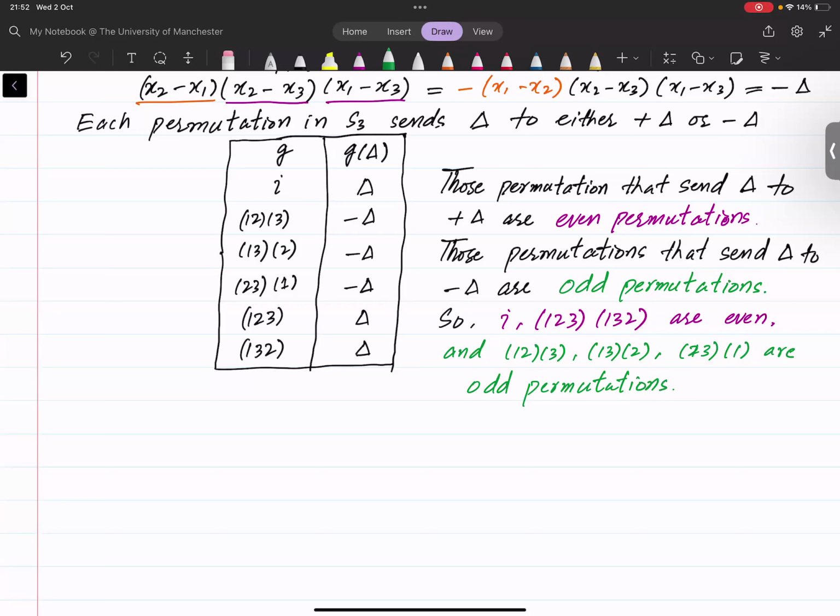Perfect. Now the definition of even and odd permutation for general n is very similar to the example.